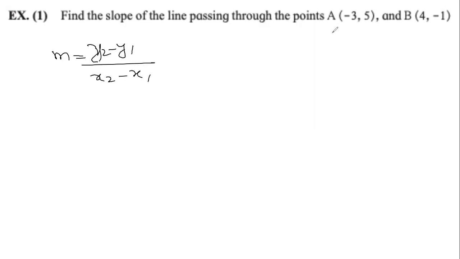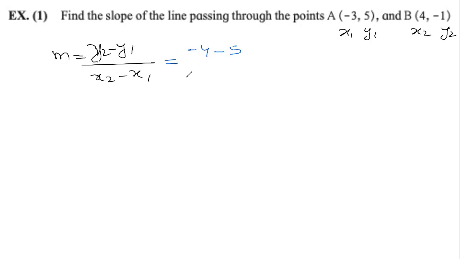So where are our x1, y1, x2, y2? If we calculate the slope, y2 is minus 1, y1 is 5.